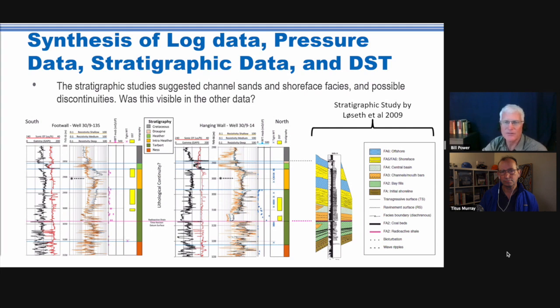I've always been fascinated by fluid pressure and particularly overpressure, so I was particularly keen on looking at the RFT and the MDT, the direct measurements of the pressure. Got the log data, which you can see on the screen right there. So, one thing that I'd like to do is get all the data together.